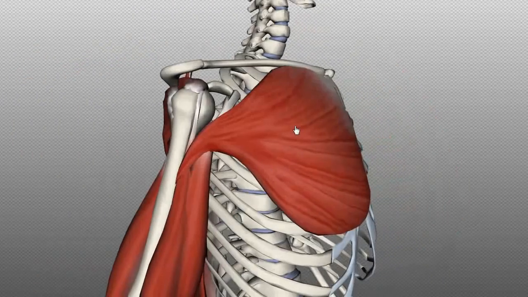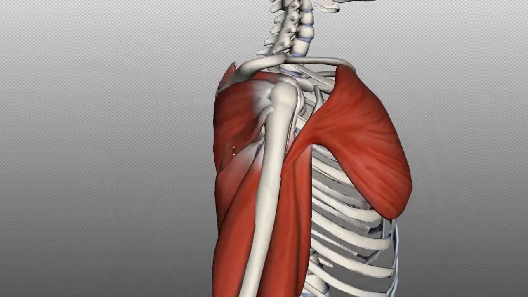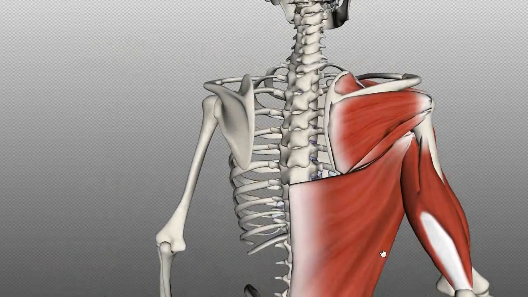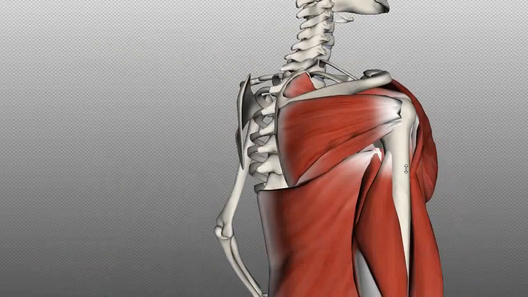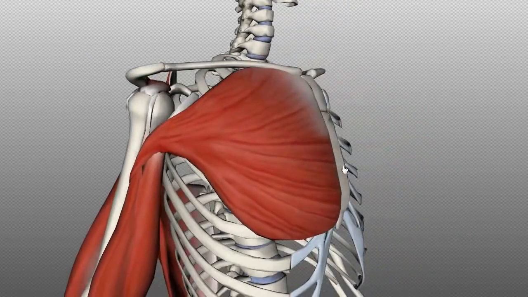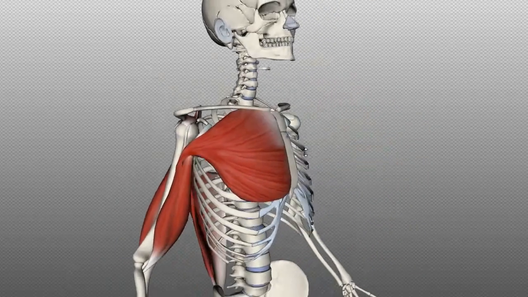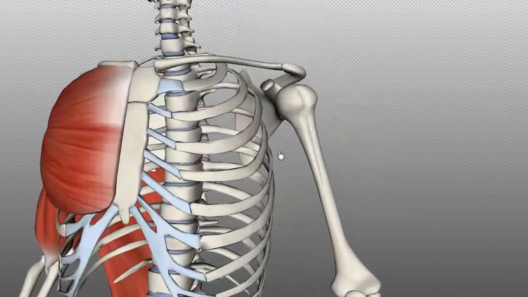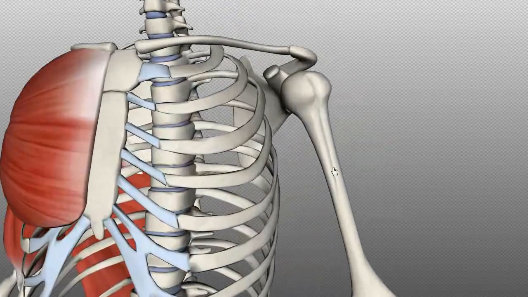The pectoralis major is this big muscle here, the latissimus dorsi is the big muscle of the back, and the teres major attaches to the lateral border of the scapula. So that's a little bit about the intertubercular sulcus.